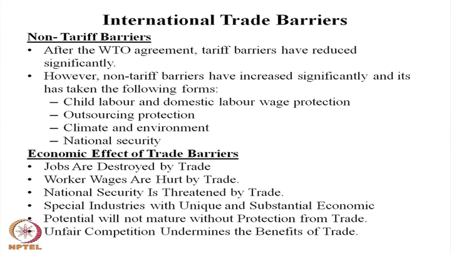Similarly, in the name of climate, chemicals, and environment, artificial trade barriers are being created by developed countries. National security is another reason on which they are also imposing trade barriers. These non-tariff barriers have increased very heavily recently, and they are creating conflict in the WTO agreement process.